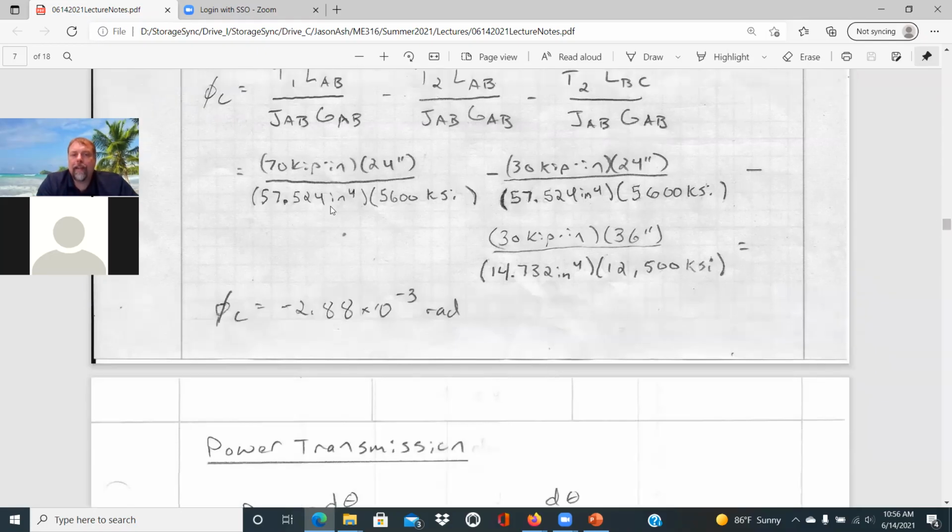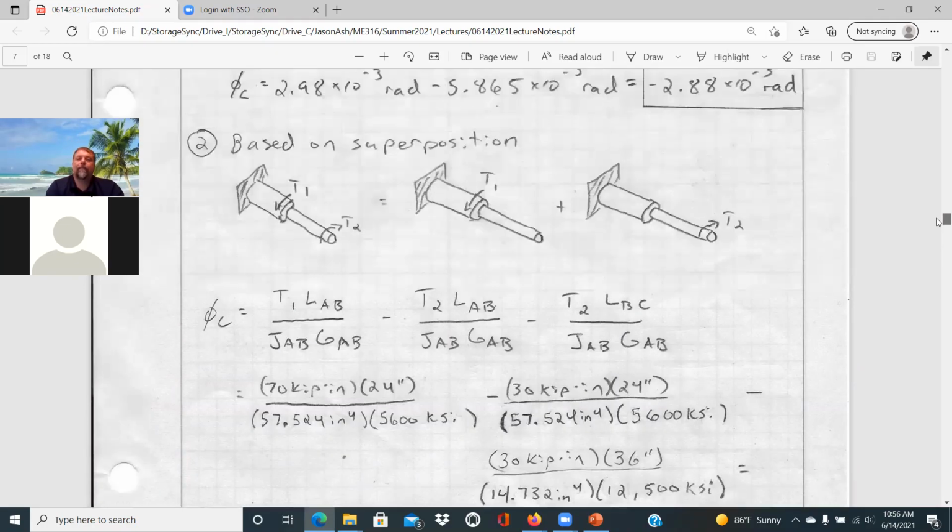So now we're basing that off the external torques, and that 30 kip inch then goes through both segments. And we end up with that same angle of twist, minus 2.88 times 10 to the minus third radians.